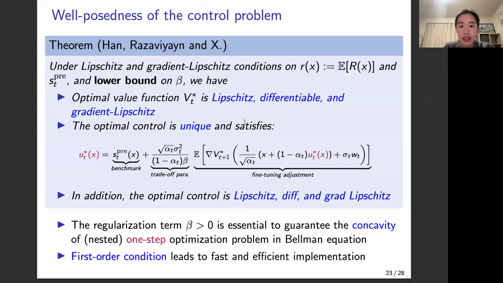This is on the property of the value function, and there's a nice semi-explicit form of the optimal control. We can see that the optimal control is just a minor adjustment to the score function, and this fine-tuning adjustment takes care of the reward signal, and it also depends on the trade-off beta we specify.